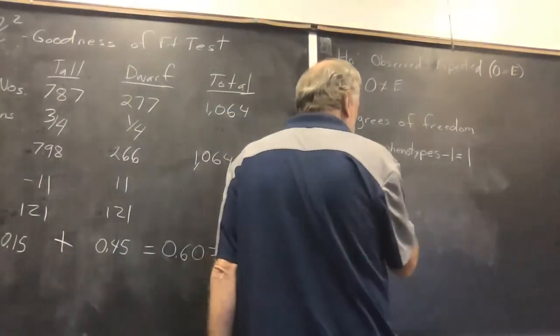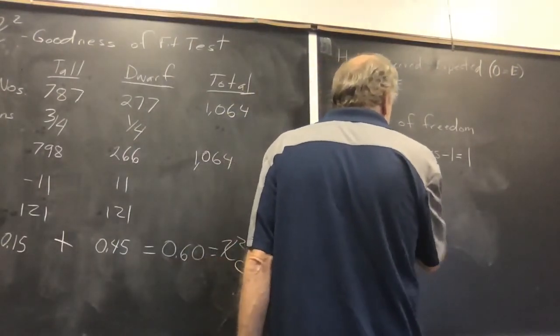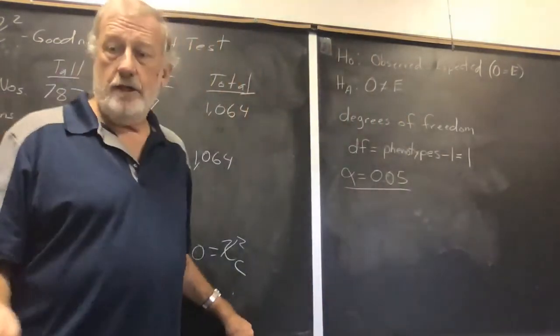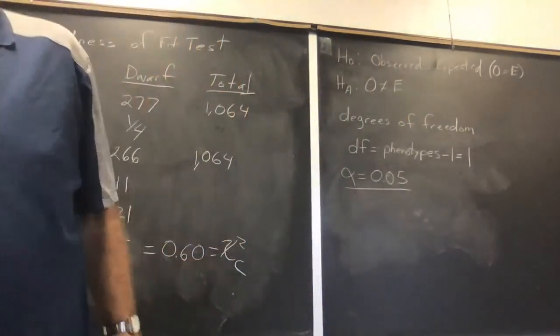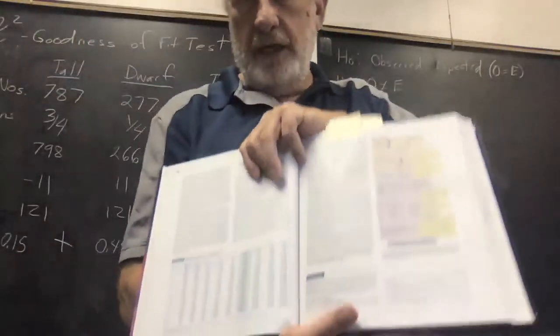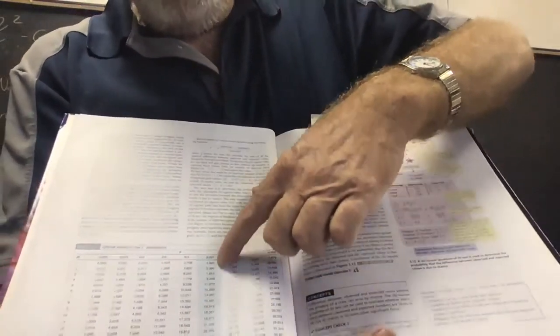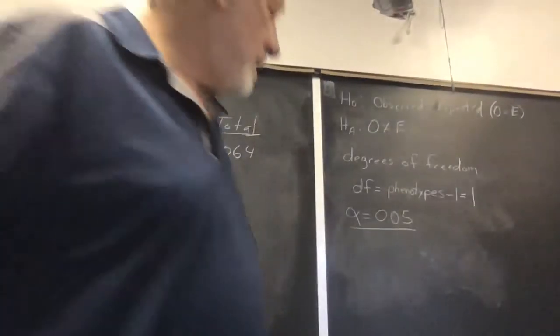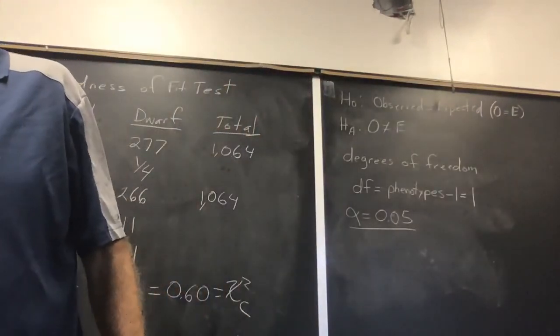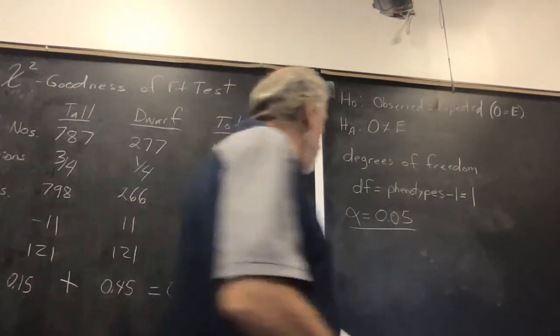Now the column we always use. Columns are called alpha, and I'll define that in a second, but we always use the 0.05 column, and it just happens to be highlighted in your textbook, as you can see here on the bottom of page 68, this column here. Always use that column. And alpha means the probability of making what statisticians call a type 1 error.